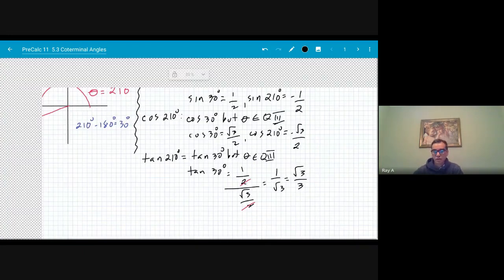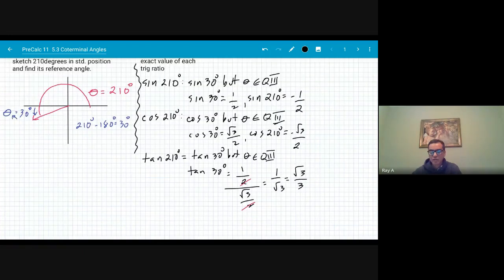So when we sketched 210 degrees in standard position, we found its reference angle. 210 degrees is that angle which is drawn in red. The measurement of the reference angle is 30 degrees.